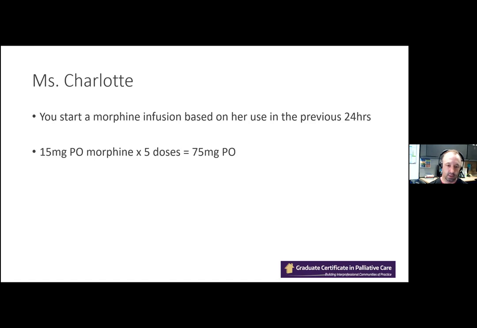And so we need to think about, as we look at the oral morphine, what that converts to in the IV form. They're not equivalent. So if you'll recall, IV morphine is 3 times more potent than oral morphine, so a 3-to-1 conversion.